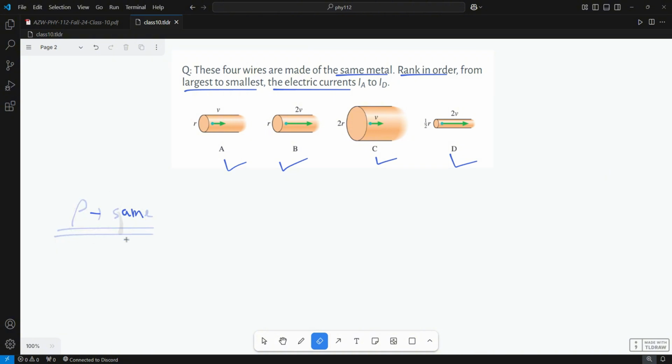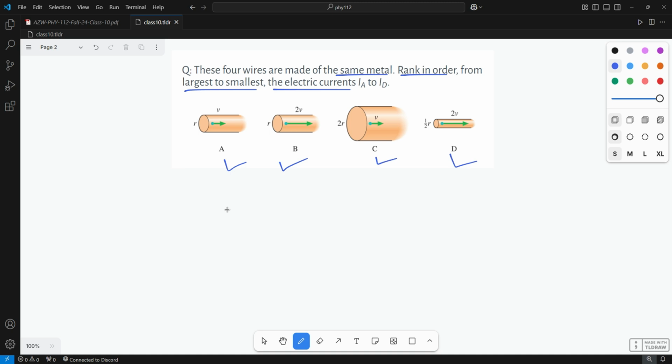So we know that the electric current depends on two things. If we write the formula of electric current, we can see that I equals NE times E times A times the drift velocity.